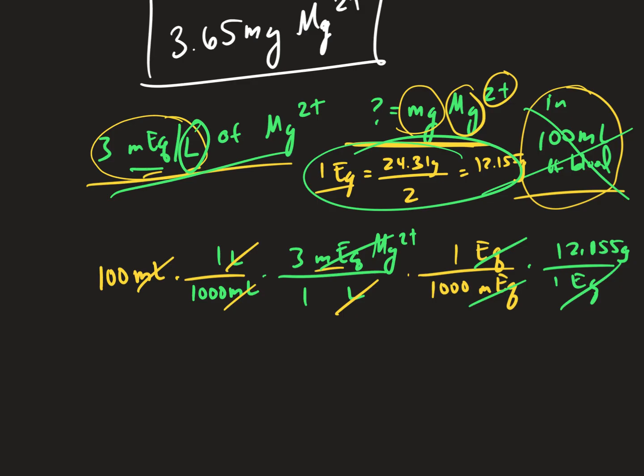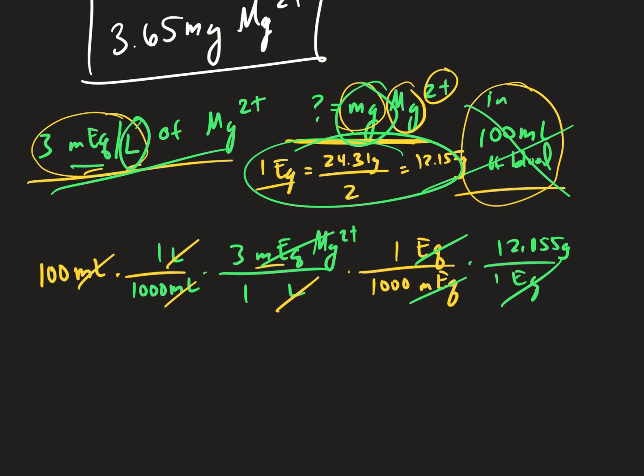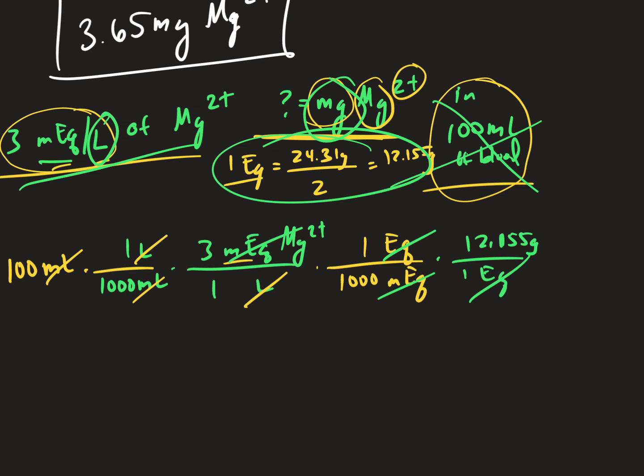Are we done? We got to go to milligrams, right? Not too bad, it's just an extra step. 1 gram is the same as 1,000 milligrams. That's it.